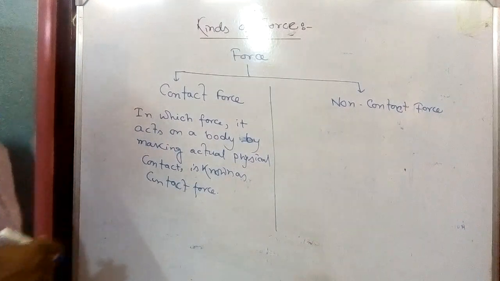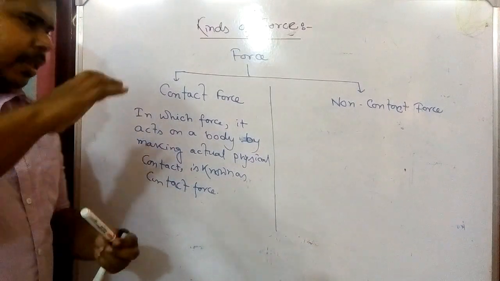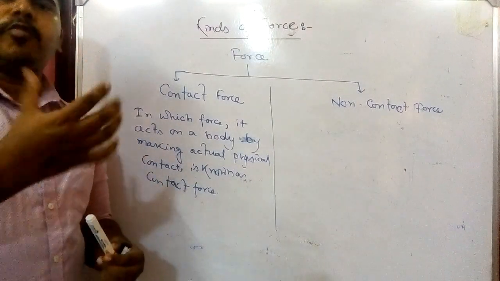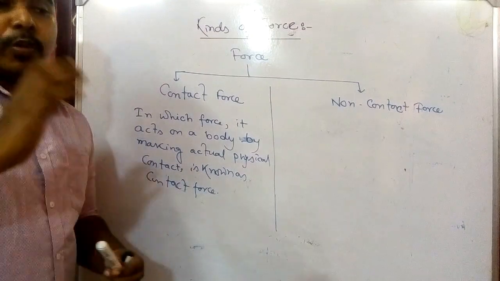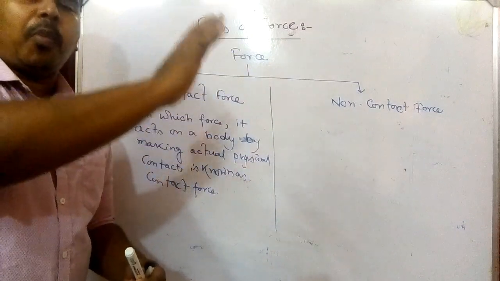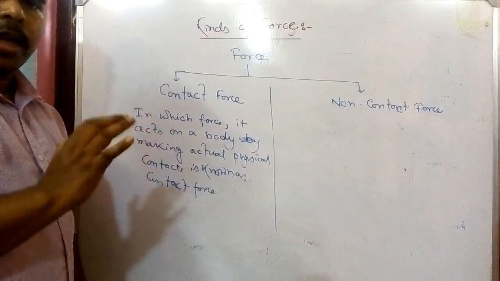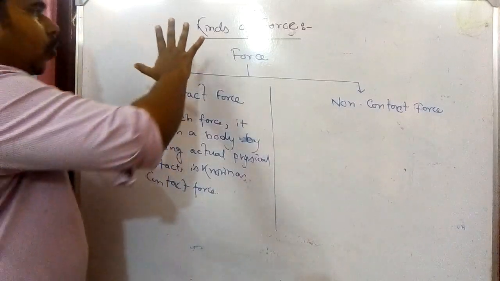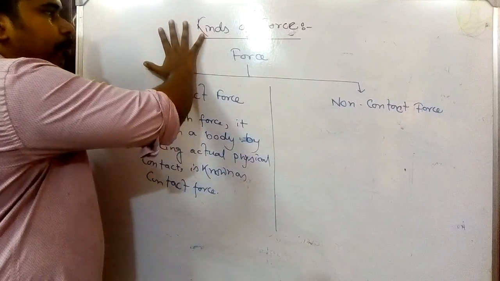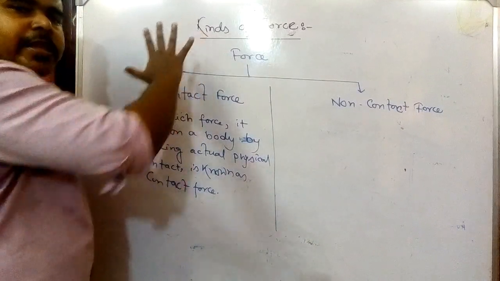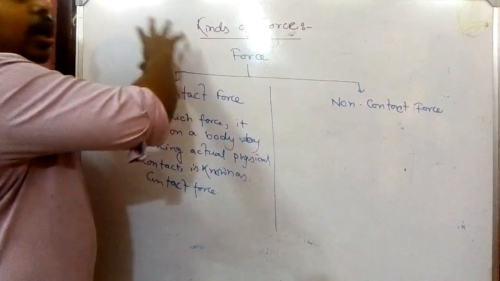What does it mean? This is a type of force where, when you have to apply the force on a body, you have to make physical contact. Assume I want to apply force on the board, I have to touch the board. Physical contact means touching an object.